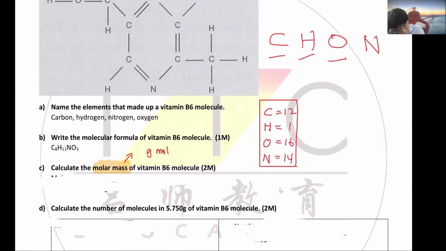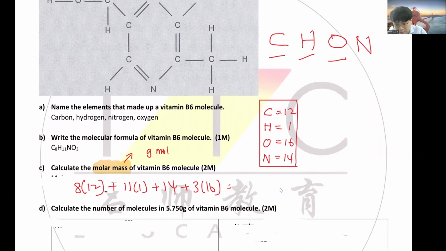So you got 8 times 12 plus 11 times 1 plus 14 plus 3 times 16. You see how much you get? You need to write, follow this one, CHO, the arrangement. The N you put behind or in front. Normally I ask my student to put all behind. I mean, put the CHO first, the rest behind.